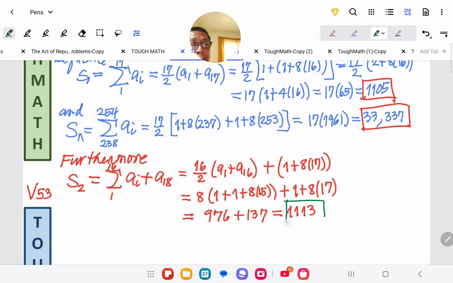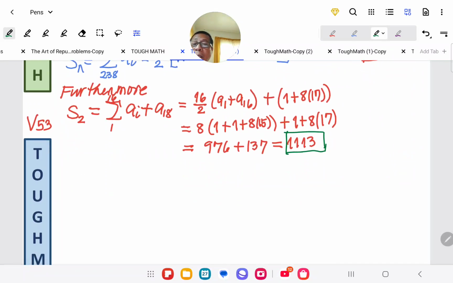So this is the second smallest value. And let's look at the third smallest, S3. This is equal to the sum from 1 to 16 plus, replacing a sub 18 with a sub 19.